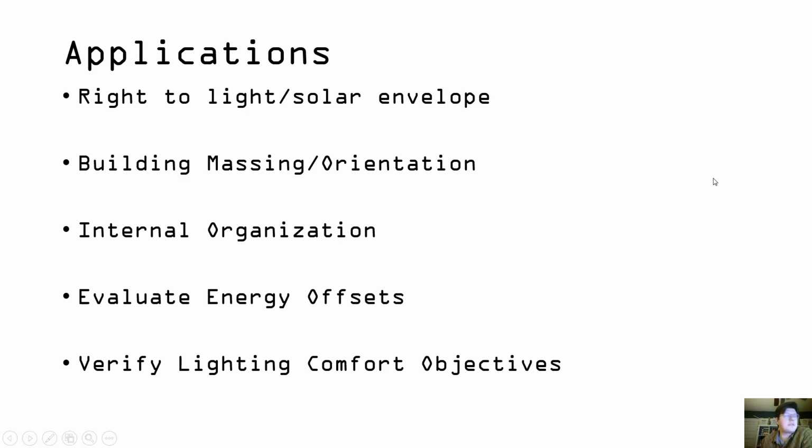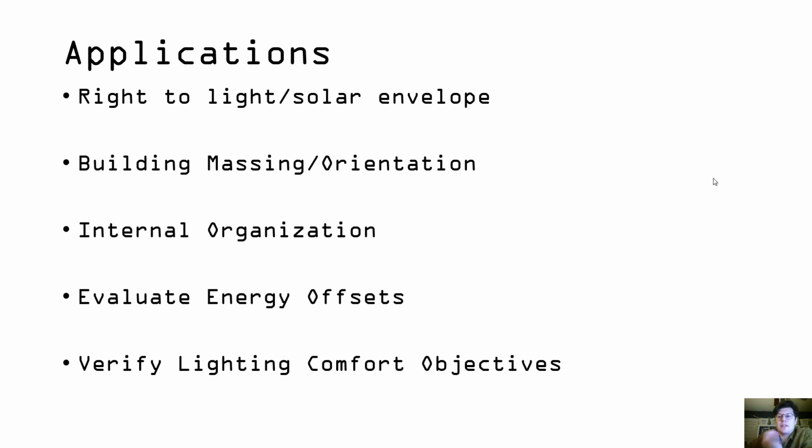Using BIM, some applications, it's called a right to light or solar envelope, which is essentially how a group of buildings may have access to direct daylight.